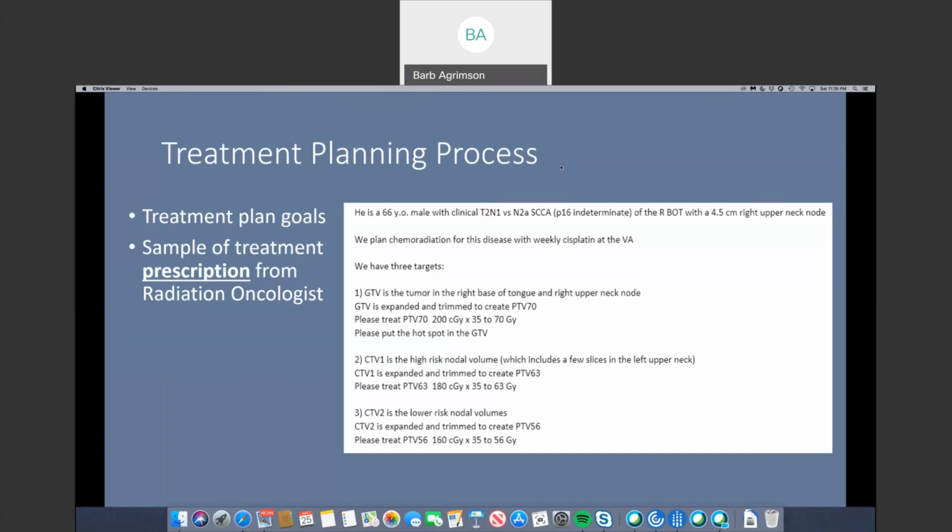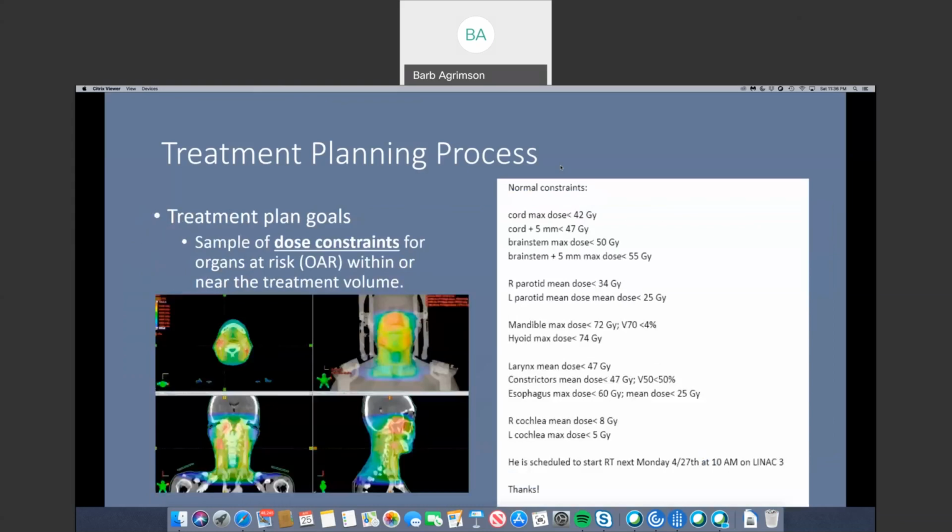So these are more complex cases, but they happen a lot because we do treat a lot of head and neck cancers.